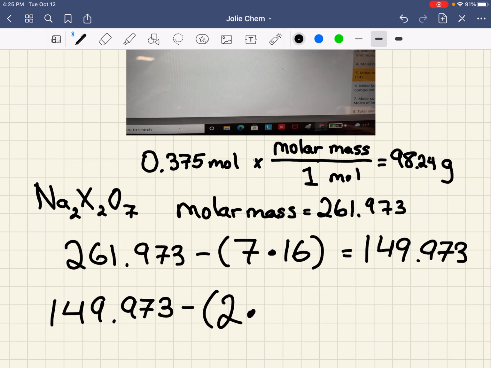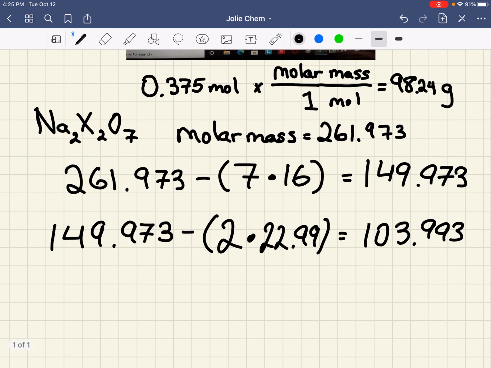What's the molar mass of sodium? It's about 22.99. If you could put that to 23, that's fine too. And so that leaves us with about 103.993. Math might not be perfect.